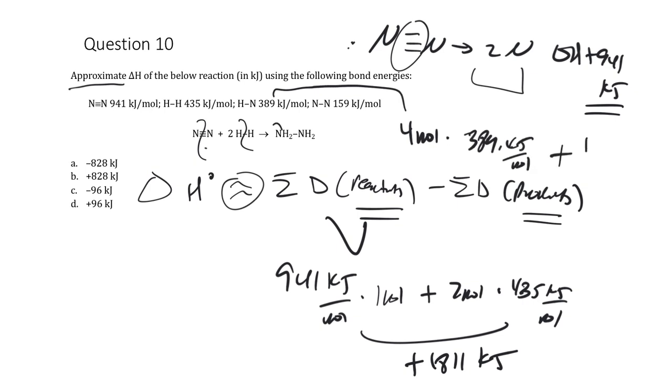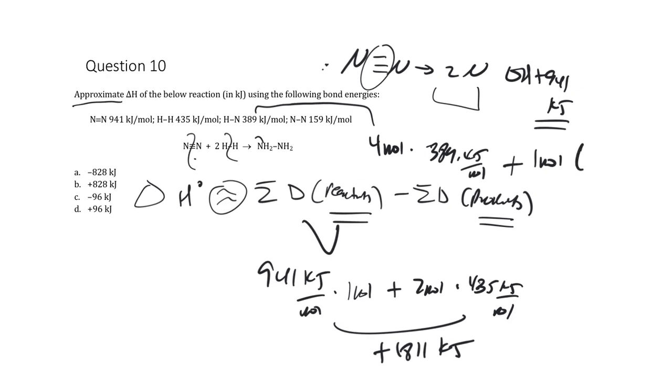So the N-N bond is 1 mole times 159 kJs per mole. And so 4 times 389 plus that 1 mole times 159, that's 1715.